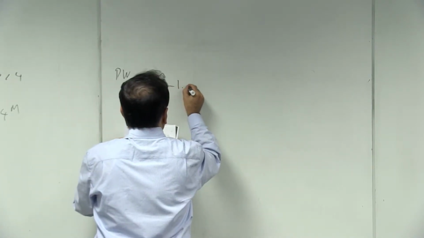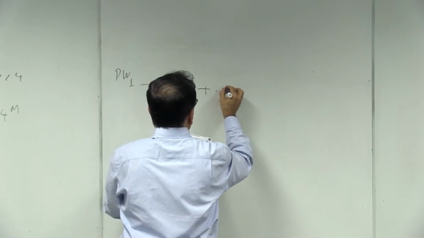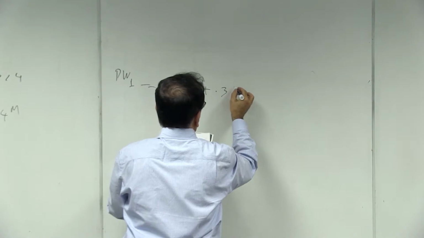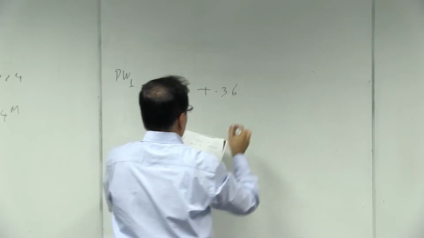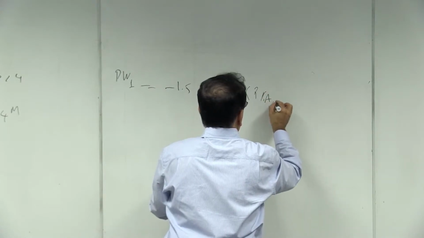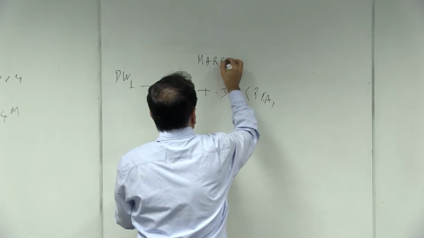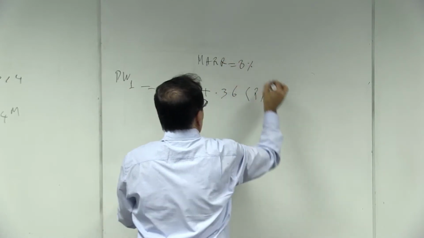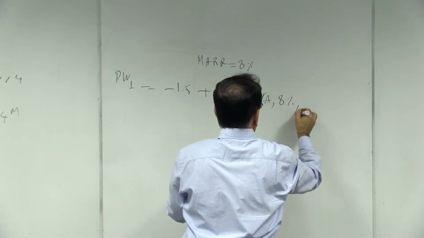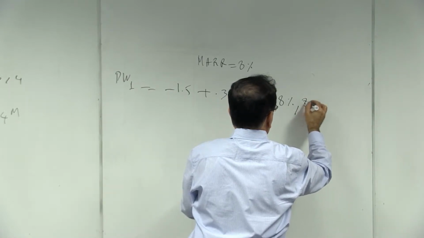negative 1.5 million initial cost plus the income of 360,000, which is about 0.36 million, times P given A. The minimum attractive rate of return for this example is 8%, and the life of this one is 8 years.